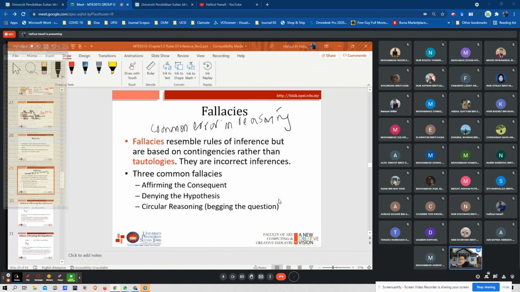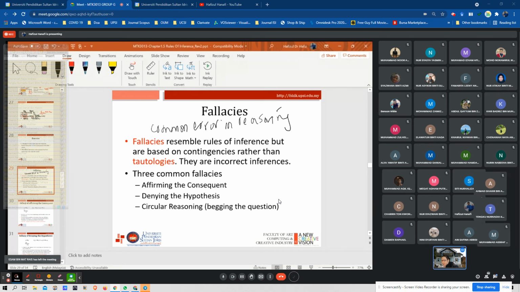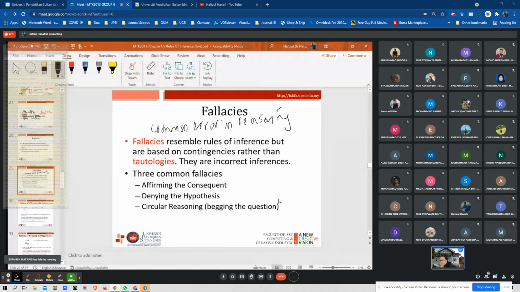This can be affirming the consequent, denying the hypothesis, or circular reasoning, begging the question, because of lack of evidence. These are incorrect inferences or common errors in logic. Basically, this is a lack of evidence.